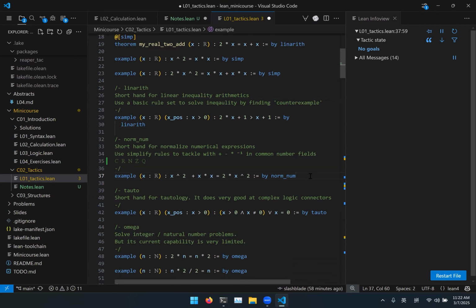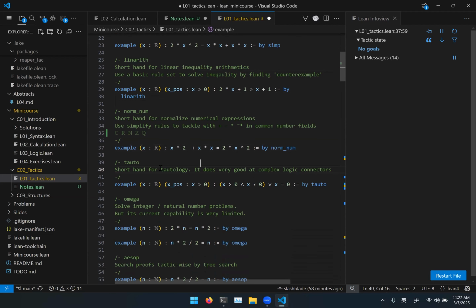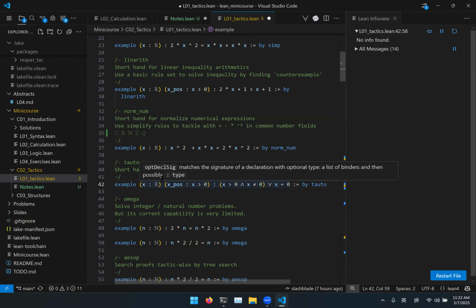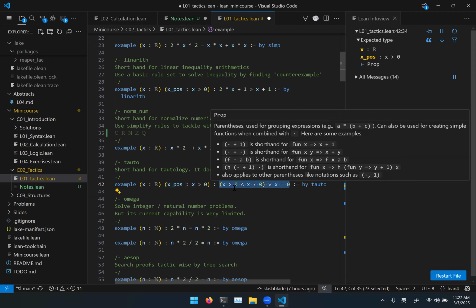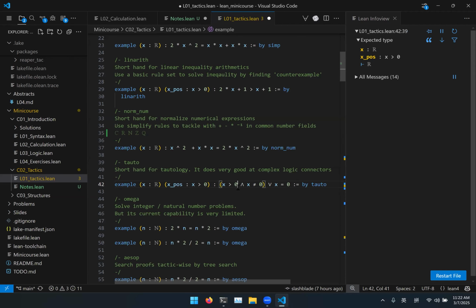So the next tactic I am showing is tauto. Tauto is a shorthand for tautology. Sometimes you will have trouble giving a proof for very complex logic connectors, for example or, and you find that maybe each of the propositions is true.